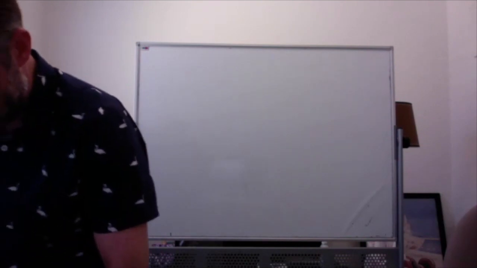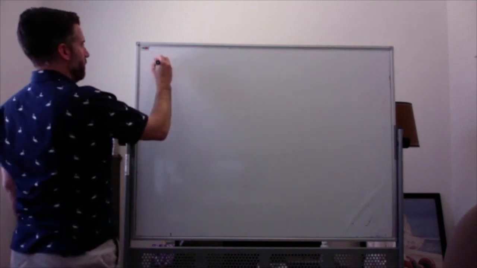Sorry. So there's really only one type of angle that we're going to use the half angle formula for. And it is an angle that is, so, I should just write that.